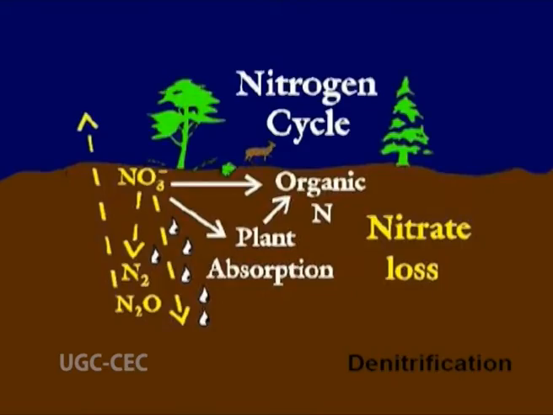Denitrification refers to the process in which nitrate is converted to gaseous compounds like nitric oxide, nitrous oxide and nitrogen by microorganisms. The sequence usually involves the production of nitrite as an intermediate step.